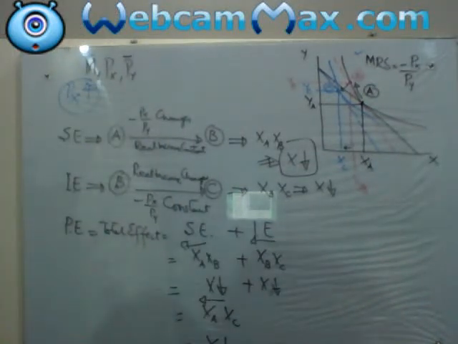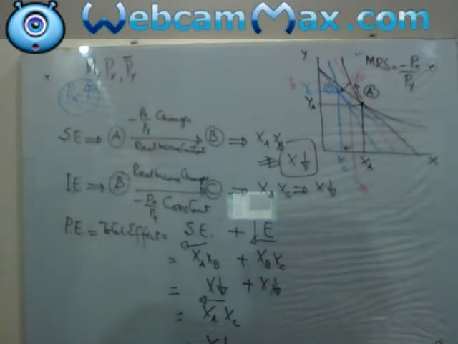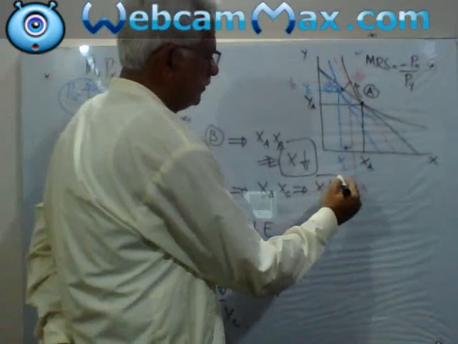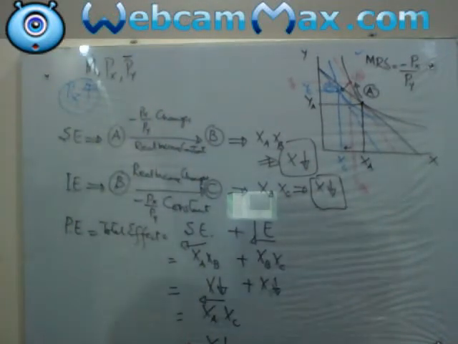Secondly, when the consumer realizes that his or her real income reduces, keeping the price ratio constant, then the consumption of the product may increase or decrease. In this case, the consumption of X is falling, so that is the normal phenomenon.